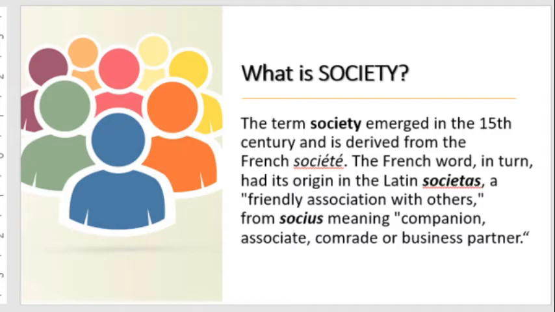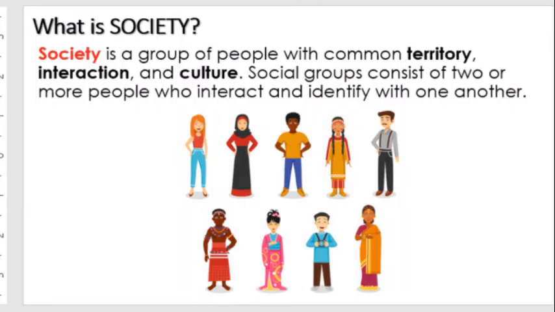Now, let's define society based on this definition. Society is a group of people with common territory, interaction, or culture. If the people in the Philippines are in one territorial land, therefore we can be grouped as one society based on territory, or one land.